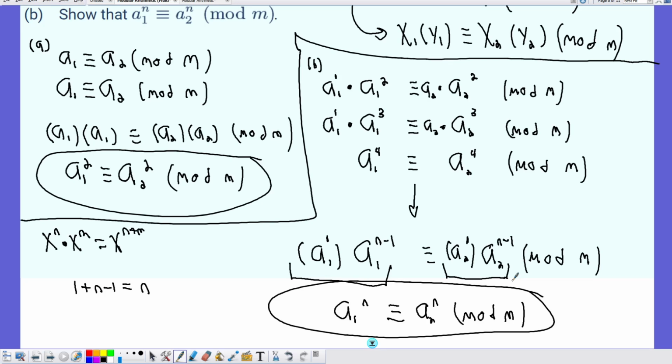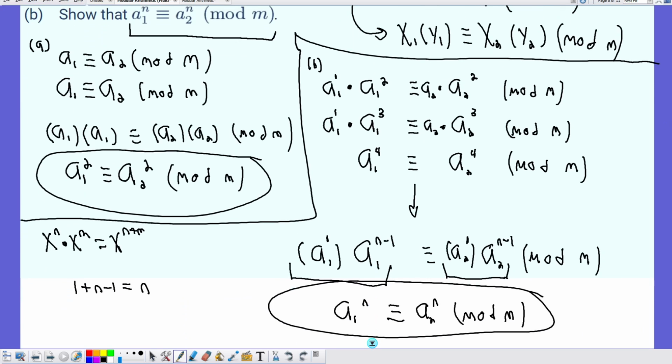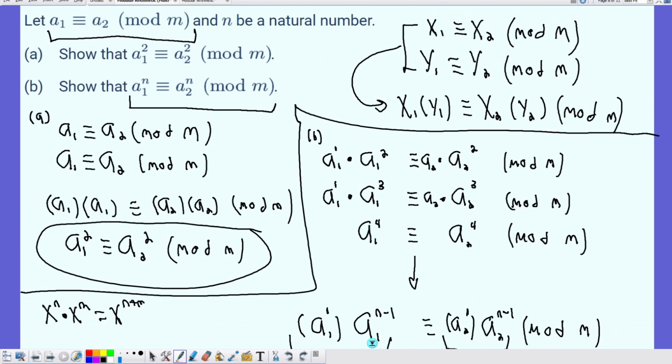Even if that last part was a little confusing, hopefully that process of infinitely multiplying by a1 and a2 on both sides, I mean a1 on the left and a2 on the right, hopefully that process of infinitely repeating that makes logical sense on why it demonstrates that we will always have that a1 to the nth power is congruent to a2 to the nth power. It's just a natural result from our multiplication property.